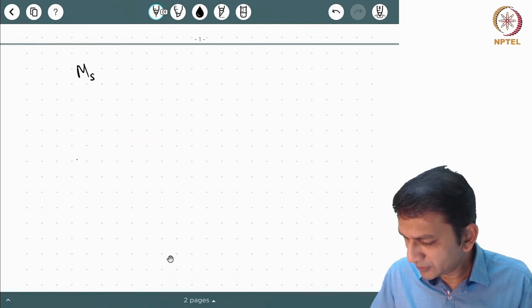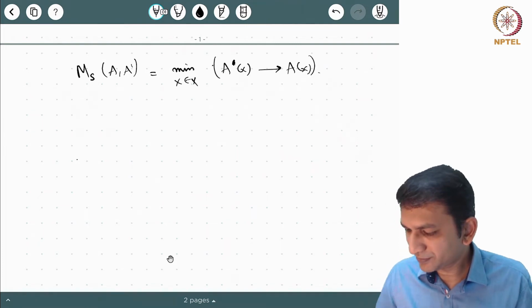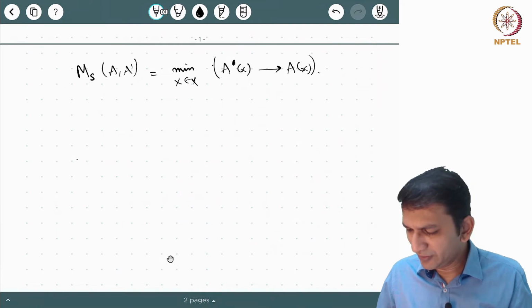Let's look at this. We'll start with the Smith-Margrave function. This is given as the minimum over x in X of A dash of x implies A of x. This is what we have.